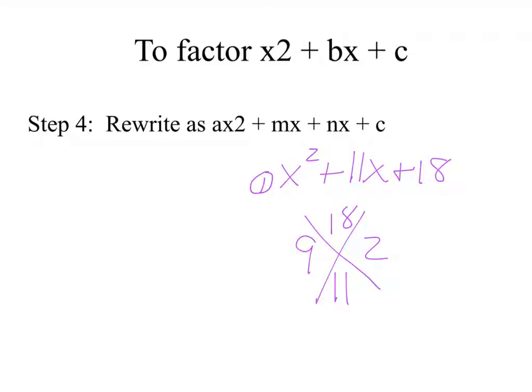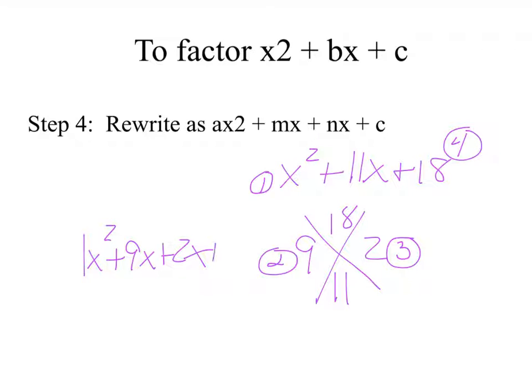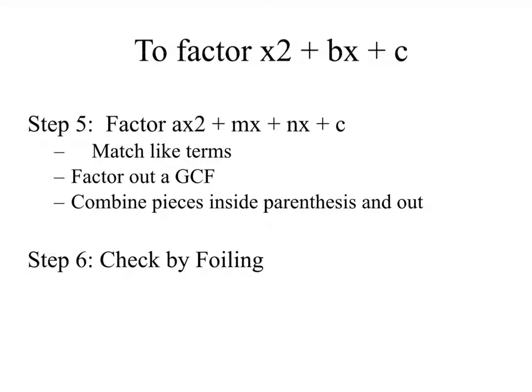So the first part of the original problem, the left-hand side of the diamond, the right-hand side of the diamond, and the last piece in the original problem. So this is going to be written as 1x squared plus 9x plus 2x plus 18. Okay, so I've written it out as 4 big pieces at this point.